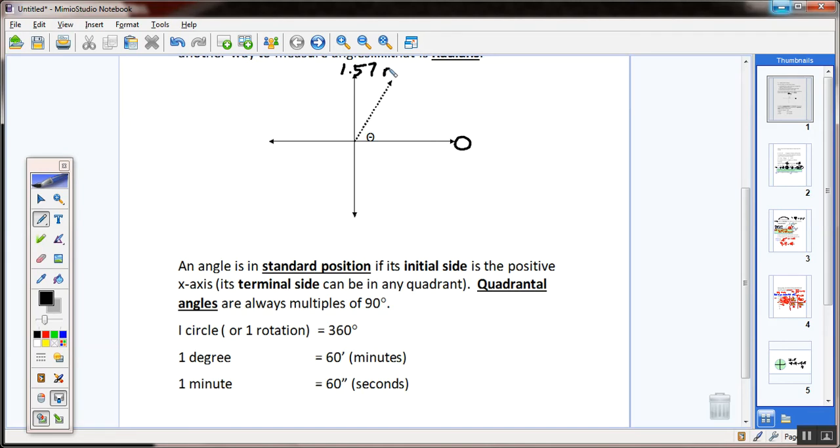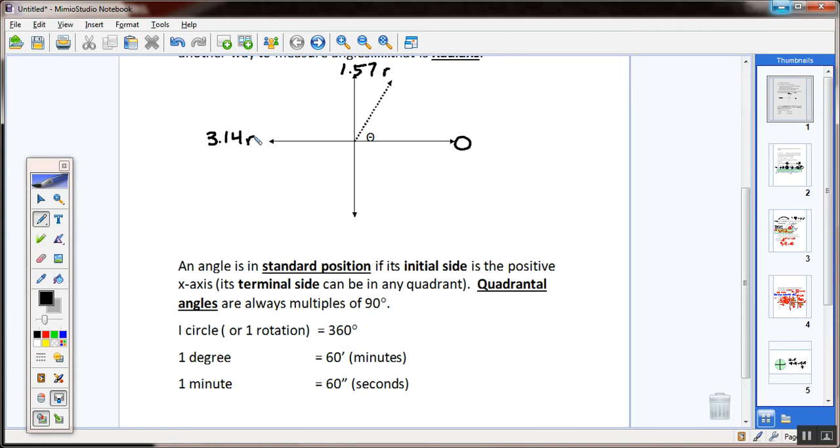Pi over 2 is about 1.57 radians. Okay? So over here we put what in radians? So this is 3.14 radians. Okay? What did we put down here? 3 pi over 2. So let's turn that into a decimal. Somebody do this. Take 3 times pi and divide it by 2 for me.